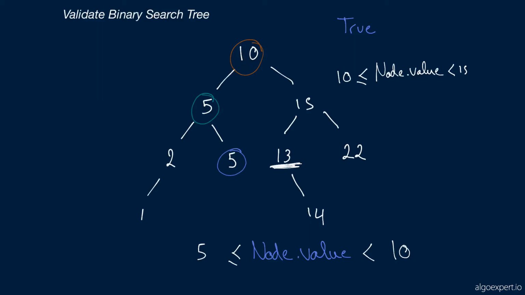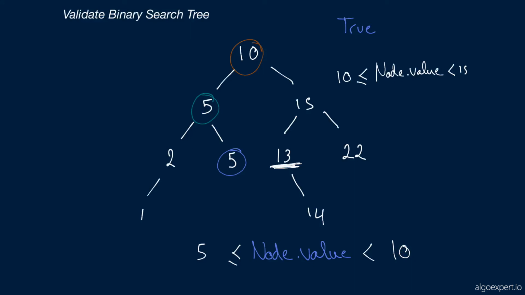And then similarly, when we call the function on a right subtree, we update the minimum value. So here, when we call the function on the right subtree of our green node, which is going to be this purple node, we're going to update the minimum value to be the value of our current node, which is the green node, which is going to be 5. So for this purple node, we're going to have 5 as the minimum value and 10 as the maximum value.